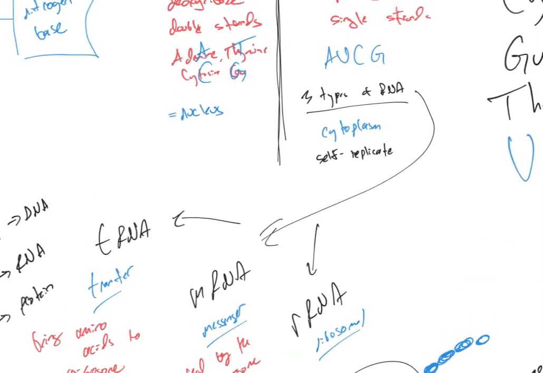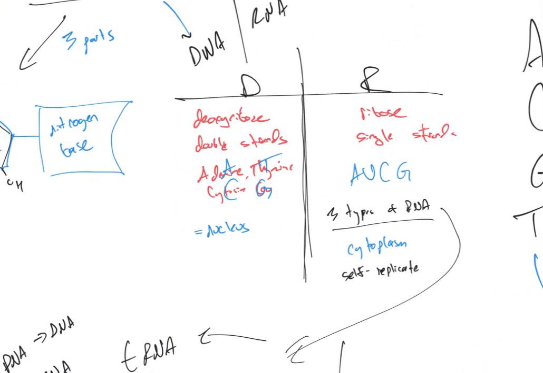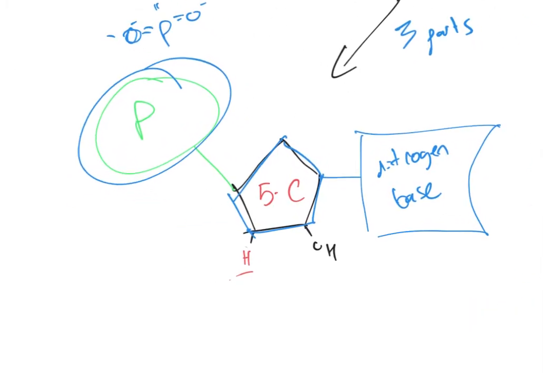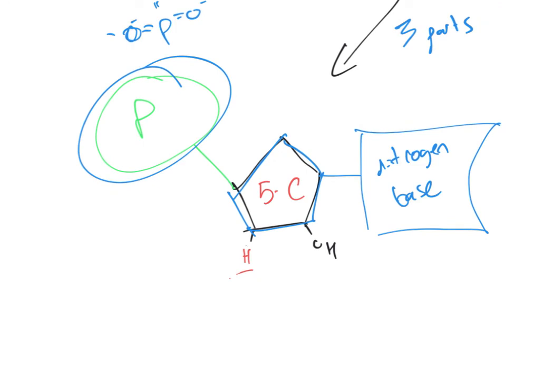So, let's review. What's DNA made of? Three things. Okay, if I said what's DNA made of, I would just simply say nucleotides.